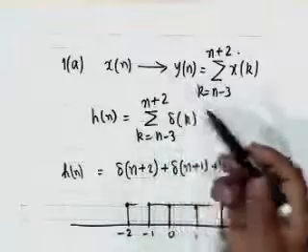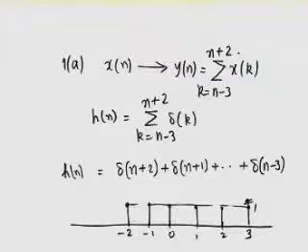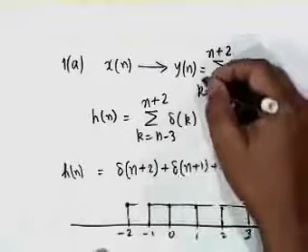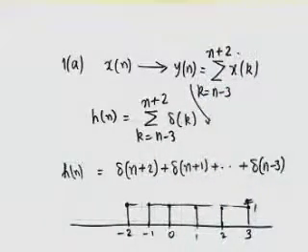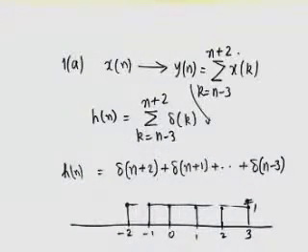The answer should have been straightforward: y of n depends on future inputs, because as you can see from this relation itself, y of n depends on x of n plus 2, what would be applied 2 instances later, and therefore obviously the system is non-causal.